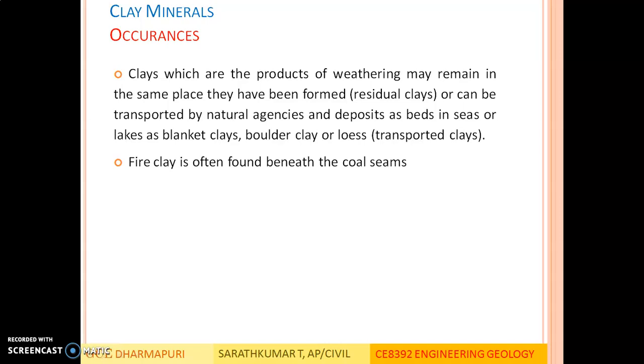If it is deposited at the original parent site, it is called residual clay. If it is transported and deposited in some other place, it is called transported clay. Loess is transported by wind. Fire clay is often found beneath coal seams.